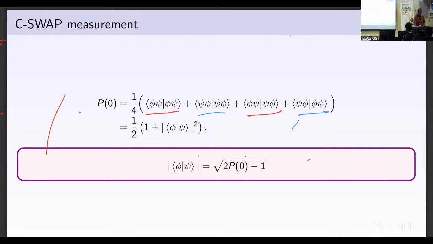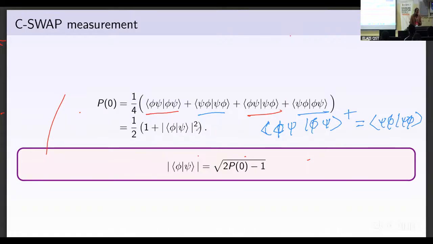Phi psi, phi psi. If you take a complex conjugate of it, it basically becomes this one, psi phi. So these two entities are complex conjugates of each other. So when we add them, we get the mod square of it.